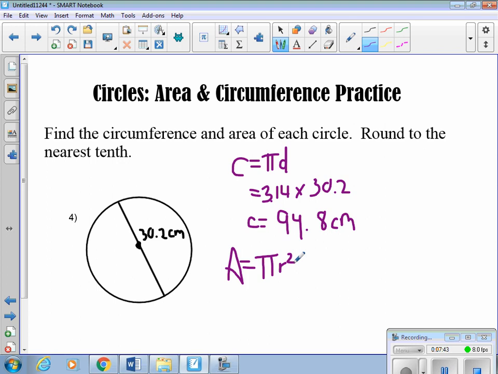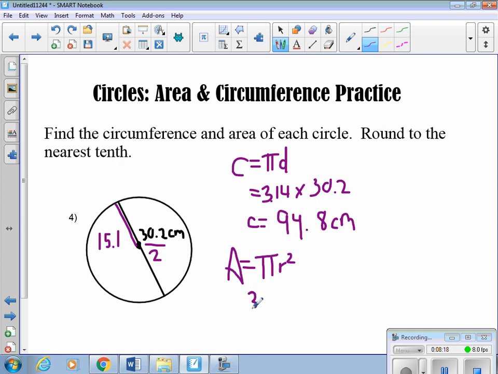So our first step is to find out what the radius of the circle is rather than the diameter. And so in our notes we said that the diameter is twice as much as the radius, and the radius is half as much as the diameter. So finding the radius is not hard. All I have to do is divide this number by 2. When I divide it by 2, I get 15.1.